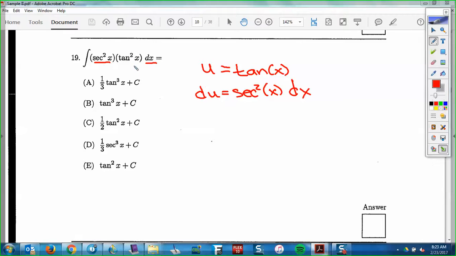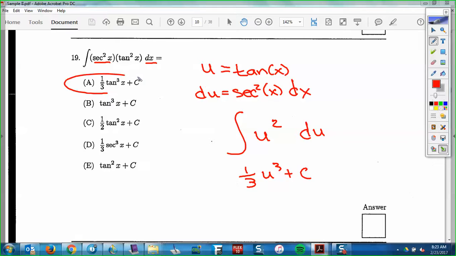Now, the secant's on the inside too, but if I let u be secant, then the du is secant tangent, and there's an extra tangent that wouldn't be any good. But this is going to be perfect. So that's going to sub out as my du, and then I'm just going to be left with u squared. So that's 1/3 u cubed plus c, and since u is tangent, that's 1/3 tangent cubed plus c. So that's definitely going to be in there.